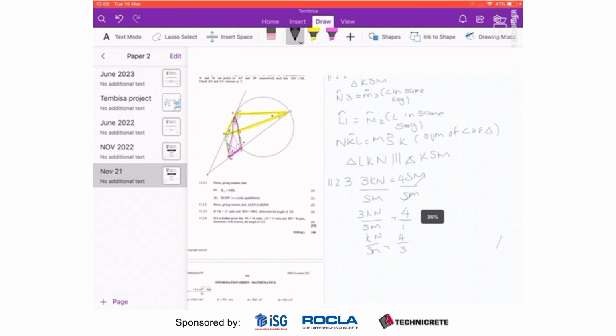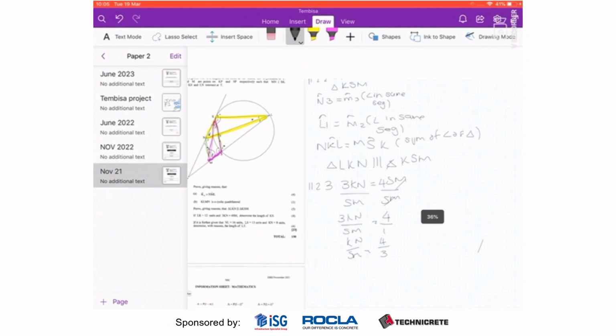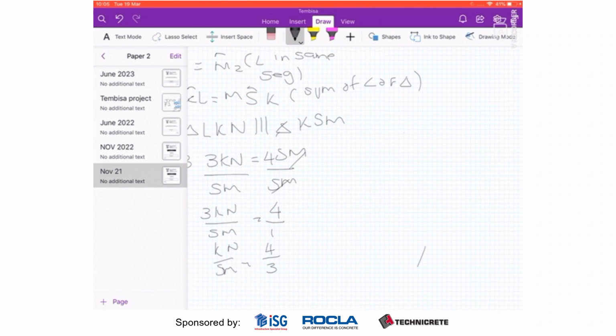Okay, now that I have that, I'm finding what do they want? They want the length of KS. So let's create our ratio. So it's going to be LK. So here's LK. So LK is going to be over KS. It's equal to KN over SM, which I just found to be 4 over 3.